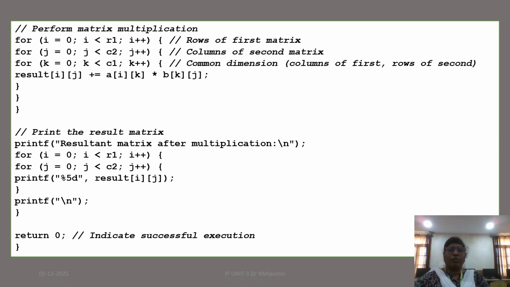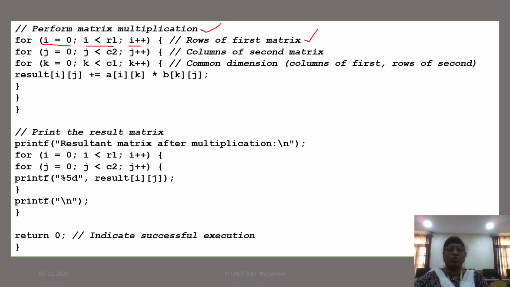After that, perform the matrix multiplication. For the matrix multiplication here we can go with the rows of the first matrix. This is the for loop, and three things have to be satisfied: one is initializing to 0, the test condition, and incrementing.